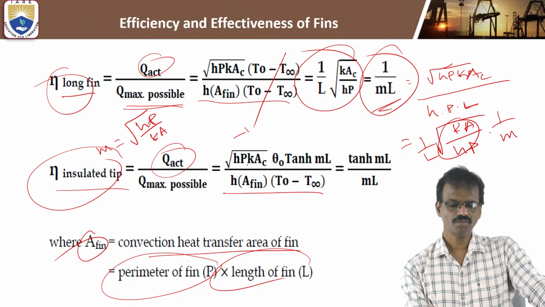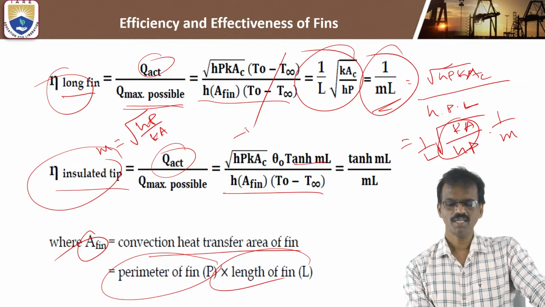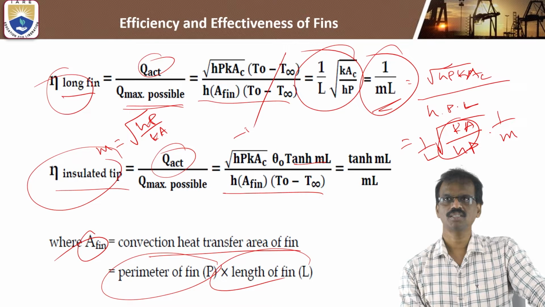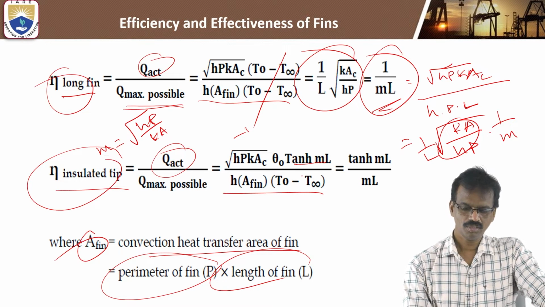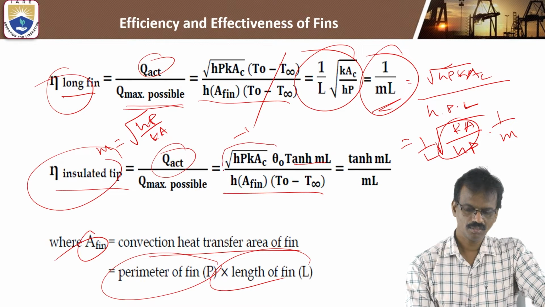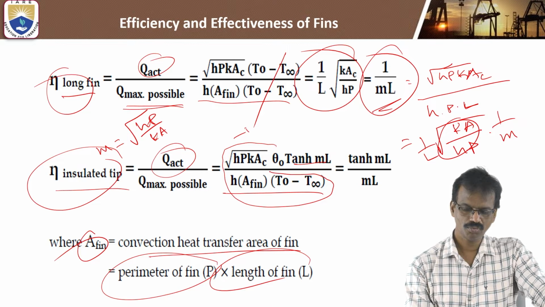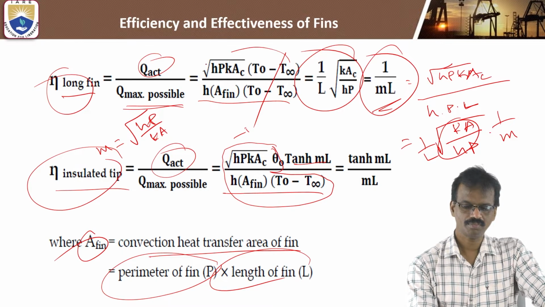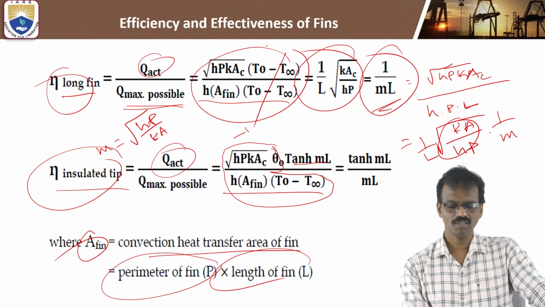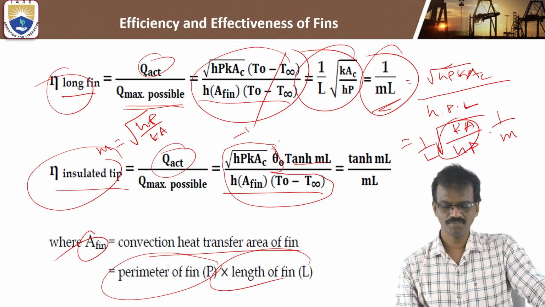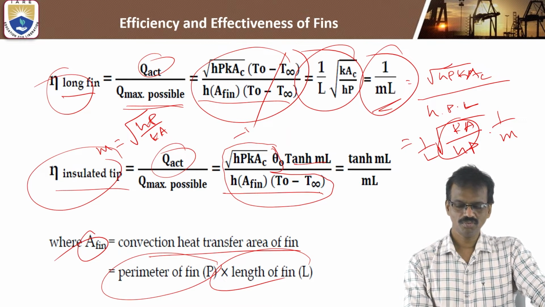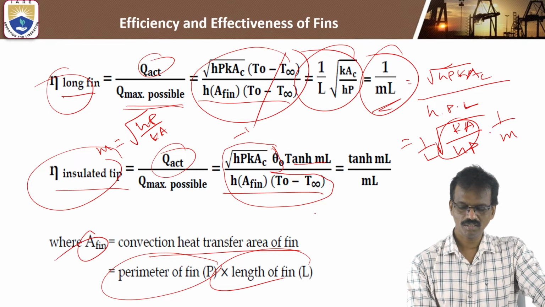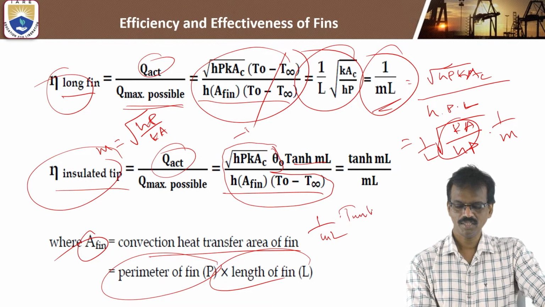That is square root of h P k A into theta naught into tanh m L. That is the formula already derived. This is similar to the previous one. Here theta naught is equal to T naught minus T infinity. So this total term we already got, 1 by m L. So the remaining is the tanh m L.